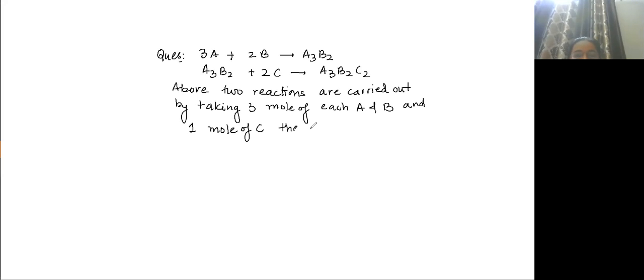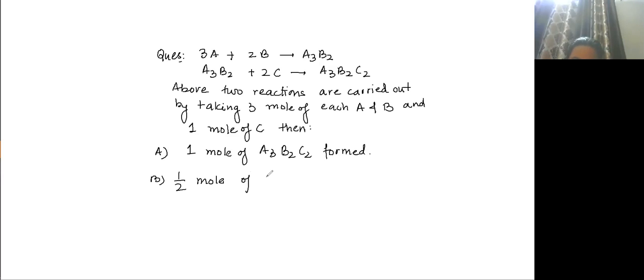Then 4 options are given and more than one option is correct. Then find out: A, 1 mole of A3B2C2 formed. B, half mole of A3B2C2 formed.